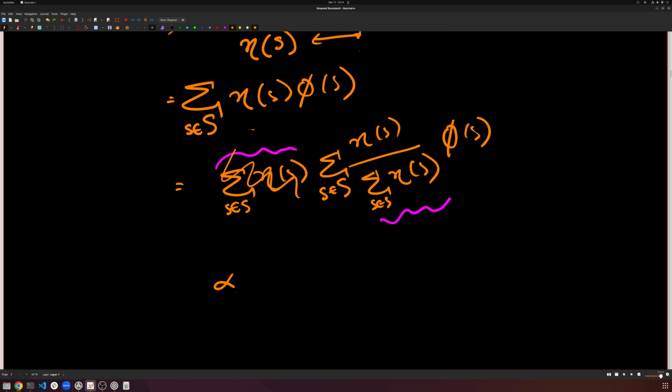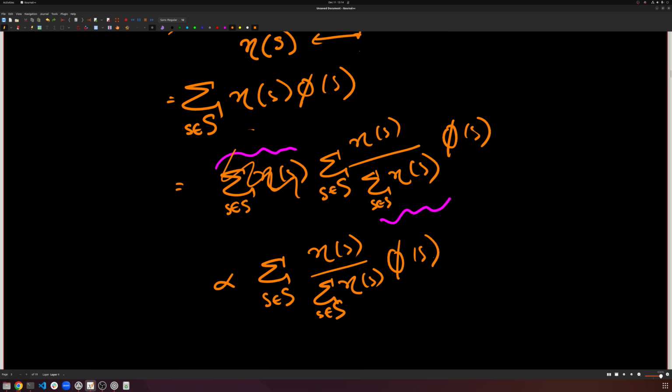Maximizing a gradient or maximizing the gradient times a constant are the same thing, so we don't really care about it. It's proportional to the sum over s element of S divided by the sum of all of those. And we had the phi S as well.